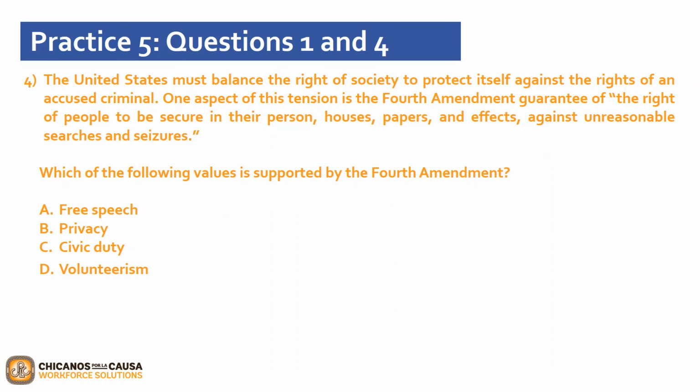C, civic duty. Civic duty is what we talked about earlier, being involved in jury duty. And then D, volunteerism. So pretty much volunteerism means volunteering. So this has nothing to do with the Fourth Amendment. By looking at all of our options, I hope that you chose B, privacy, being that B is the correct answer.